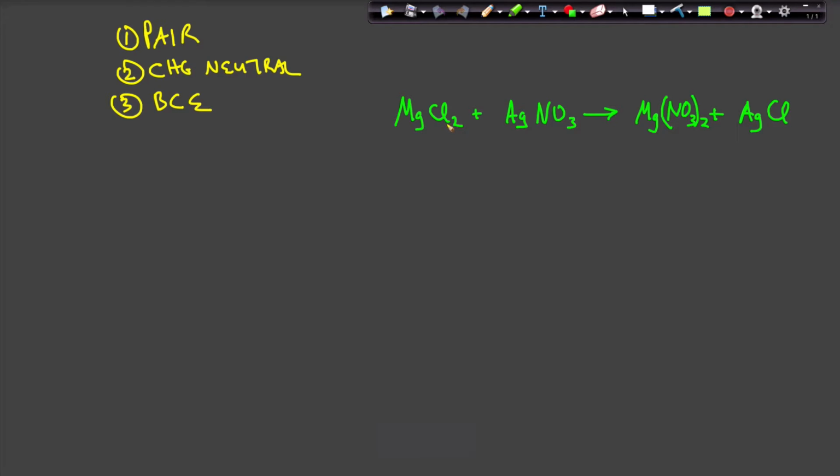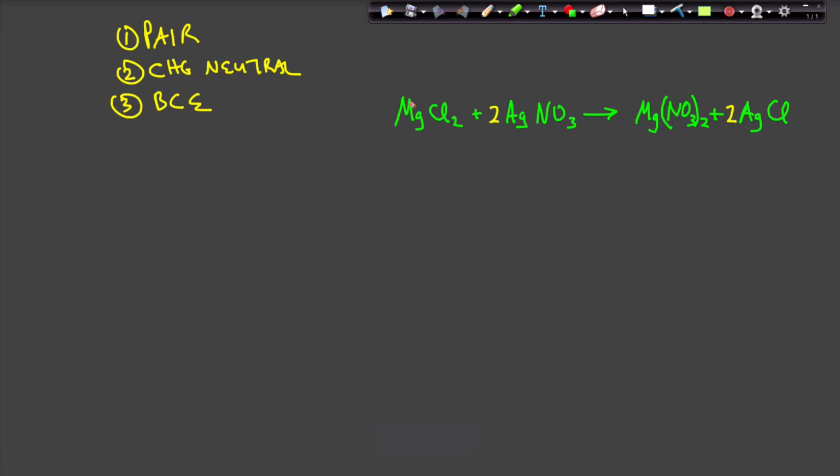So the largest one I see is 2, so I know I need 2 chlorides. Therefore, if I need 2 chlorides, I'm going to have to put a 2 there. 2 chlorides means I need 2 silvers. I'll put a 2 there. 2 silvers means I need 2 nitrates. I have 2 nitrates. 2 nitrates means I need 1 magnesium, and I have 1 magnesium. So everything is balanced in this equation.